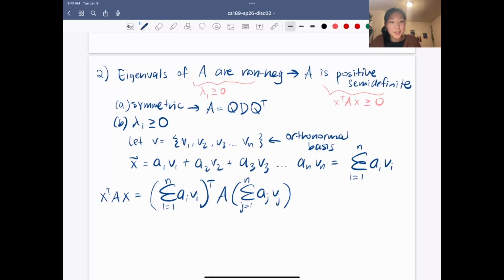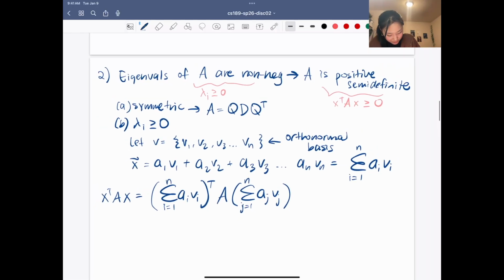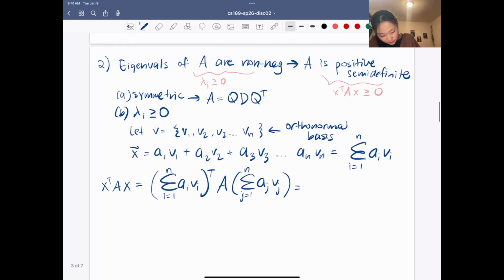I have a friend named VJ who was on course staff, that's funny. And that's not a transpose. Then what I'm going to do is take this transpose and move it inside over here.